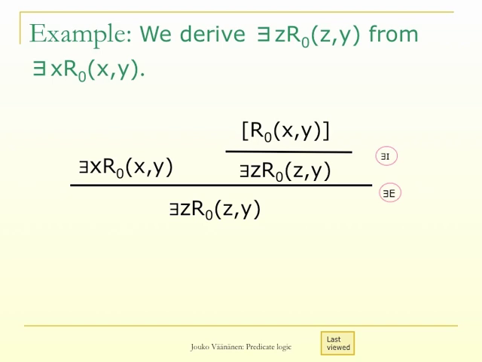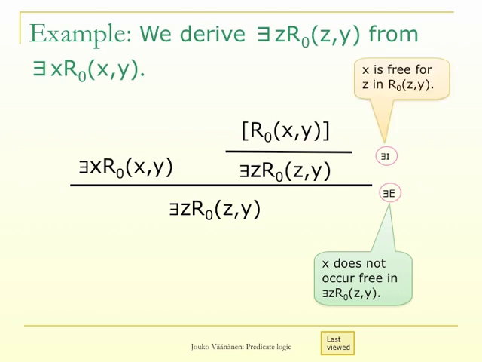And we have to check that certain conditions are satisfied. x should not occur free in the conclusion ∃z r0(z,y). Well, there is no free occurrence of x there. And x should be free for z in r0(z,y), which it certainly is. So we are done.